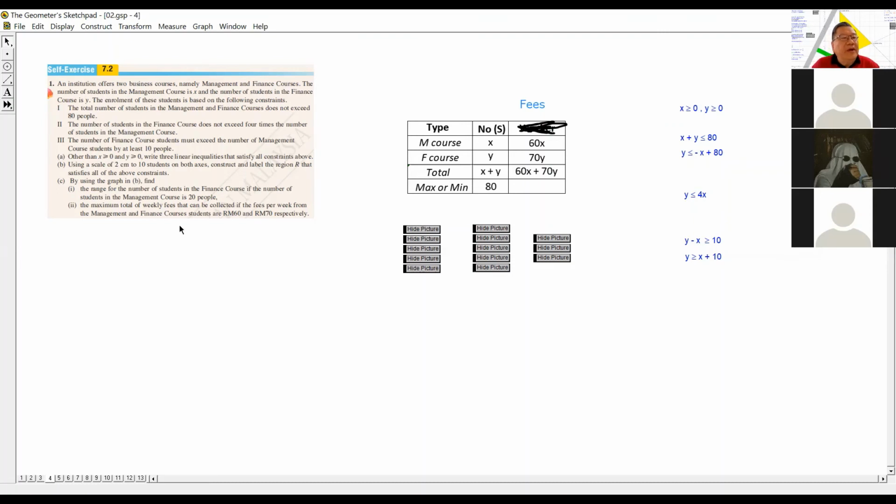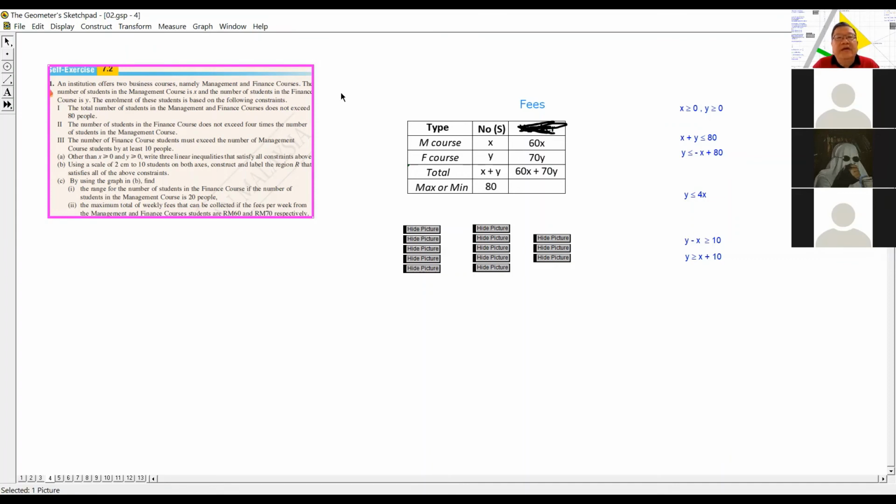Next one. What else? Okay, the second one. The number of students in the finance course does not exceed 4 times the number of students in the management course. Finance cost is represented by y, right?